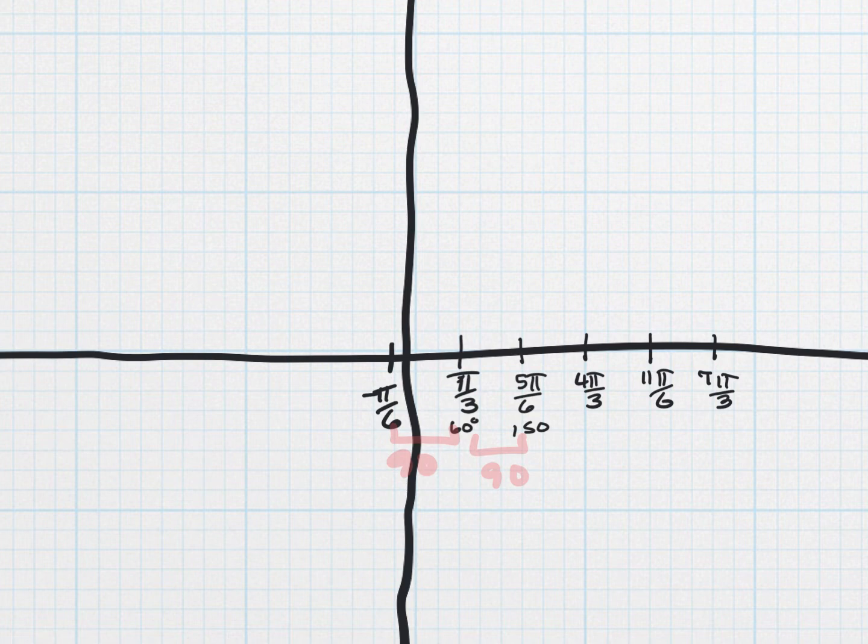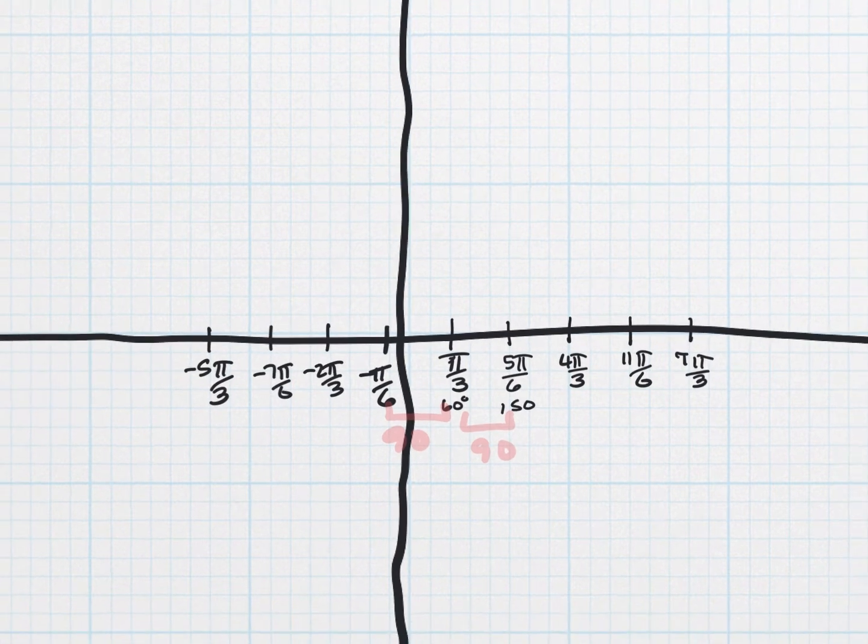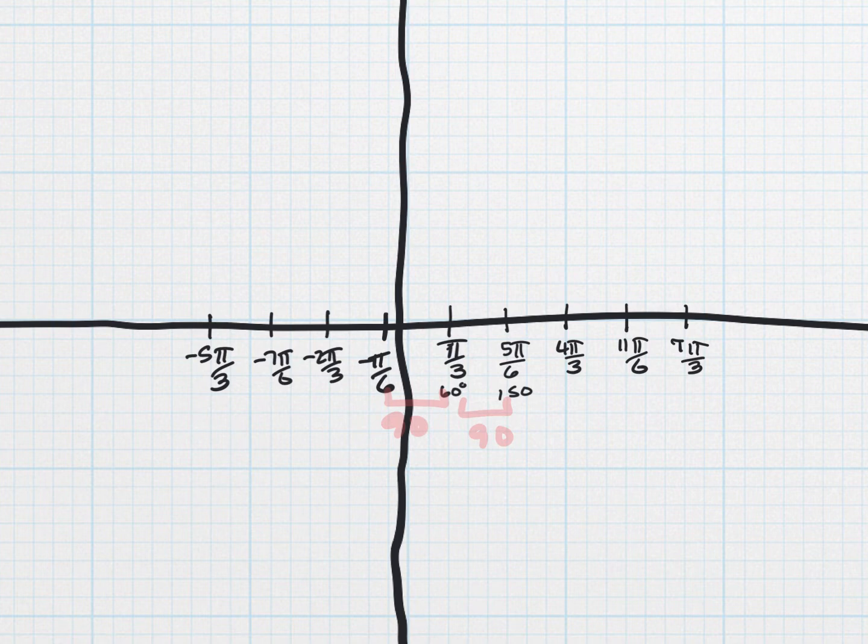And this is negative. My negative sort of blended in here. And then the next one that I calculated was negative 2 pi over 3. And then negative 7 pi over 6. And then lastly, negative 5 pi over 3. So now I've got my axis labeled.